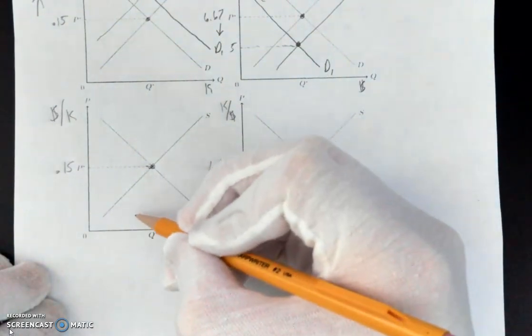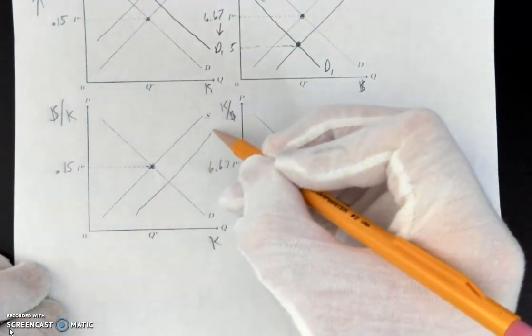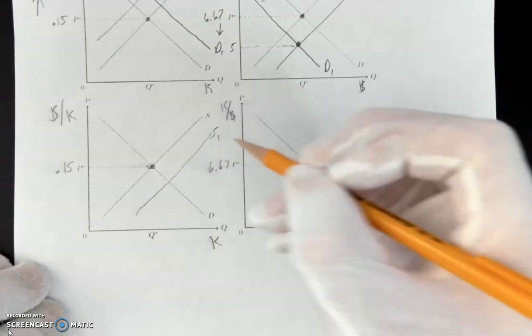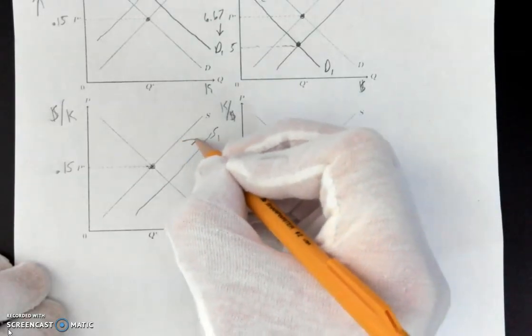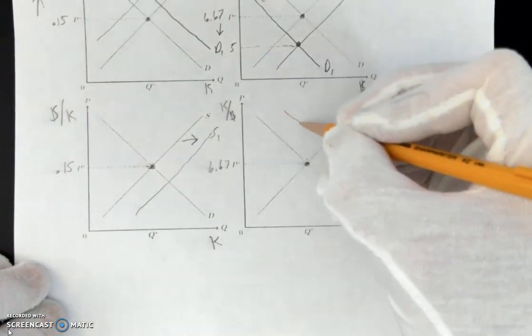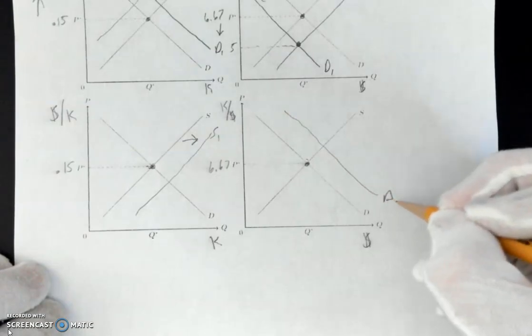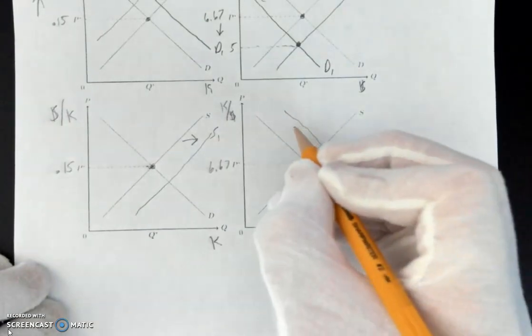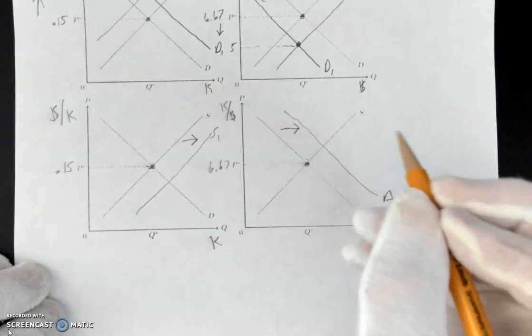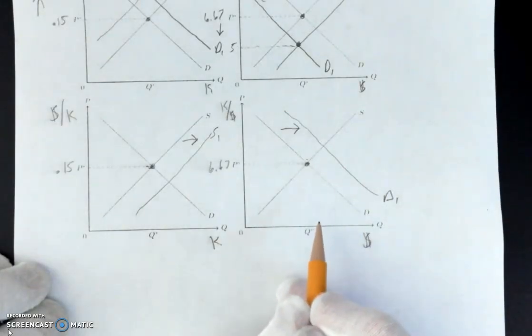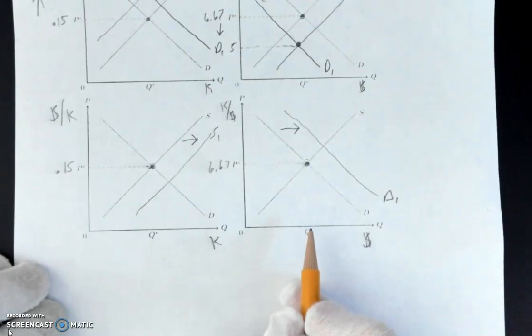So they're going to actually supply their krone, so supply curve shifts to the right, in order to demand more dollars so that they can purchase higher yielding bonds and bank accounts in the U.S.